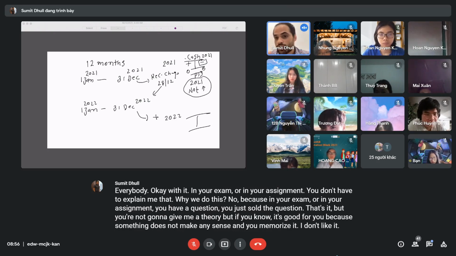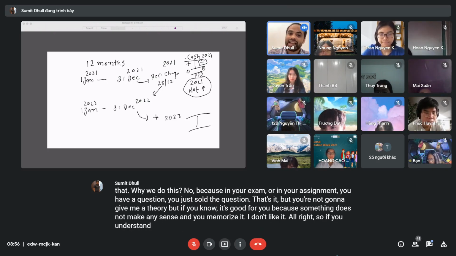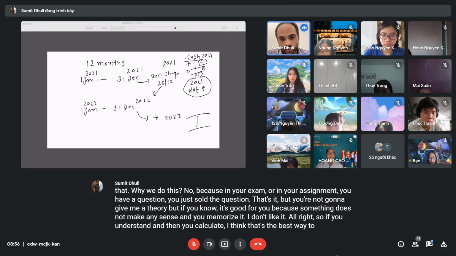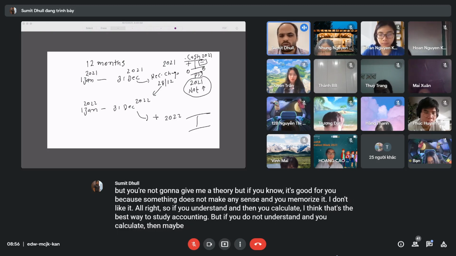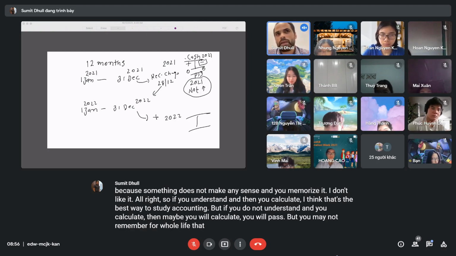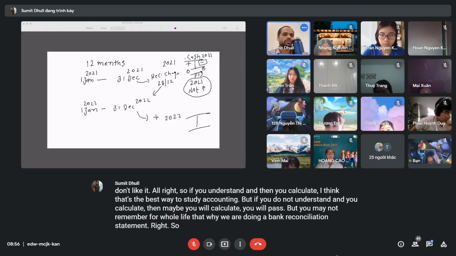If you understand and then you calculate, I think that's the best way to study accounting. But if you do not understand and you calculate, then maybe you will pass, but you may not remember for your whole life why we are doing a bank reconciliation statement. Same with the other topics as well.